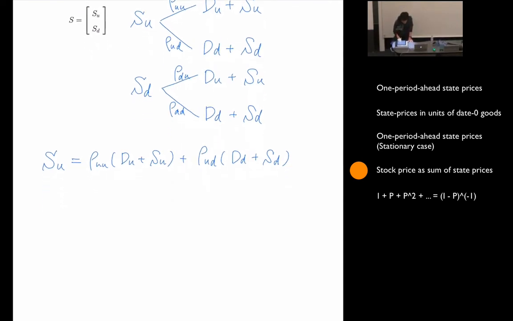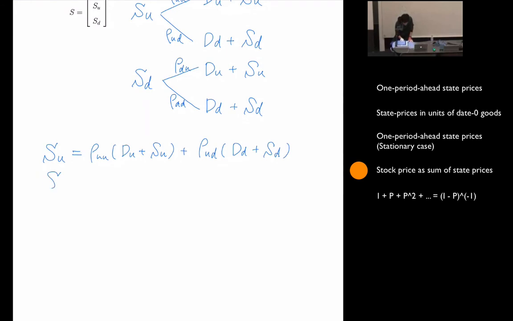And as such, the price of this stock is rho du times (du plus su) plus rho dd times (dd plus sd). So far so good? Well, you're already lost.